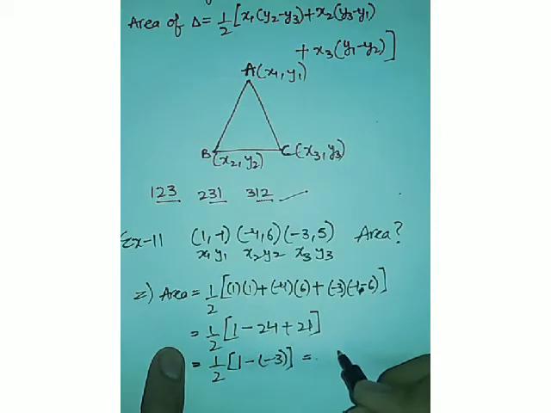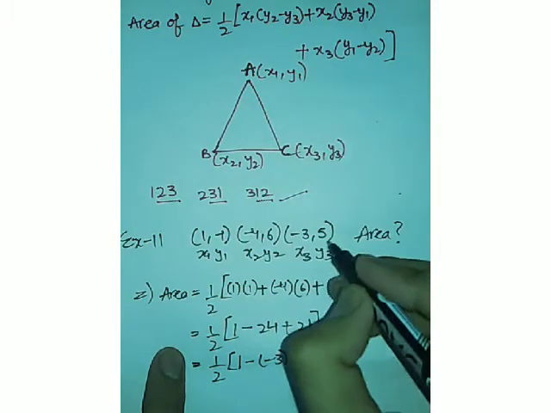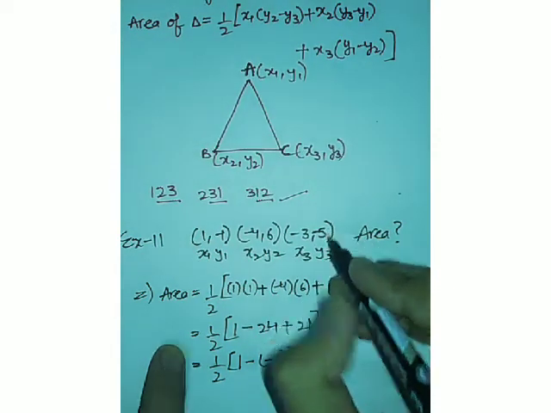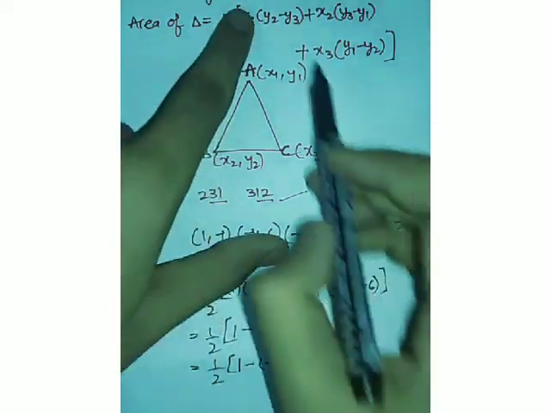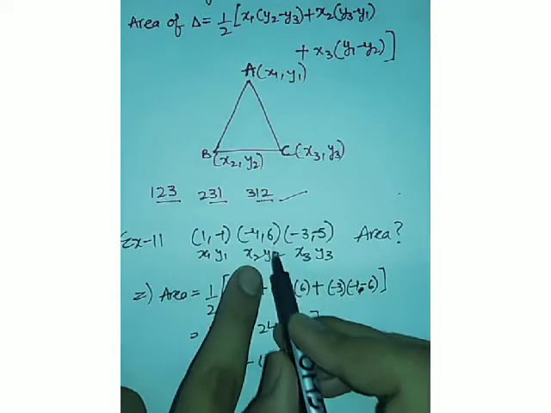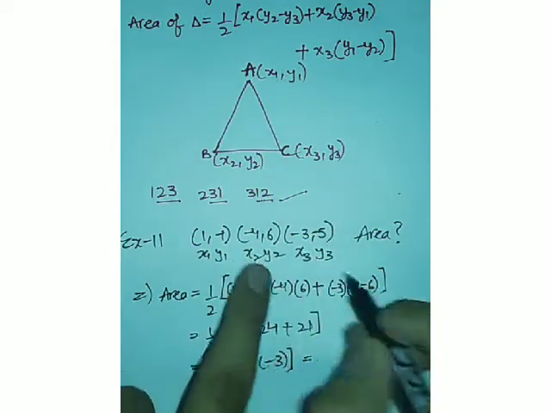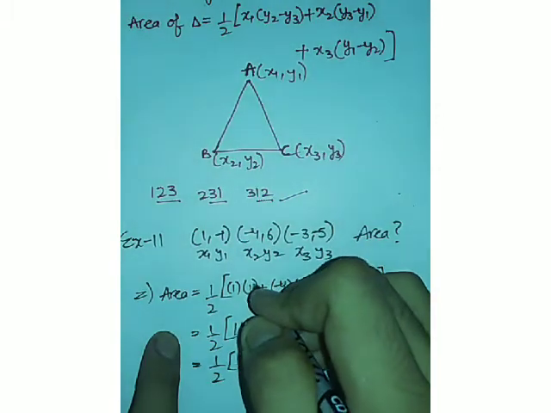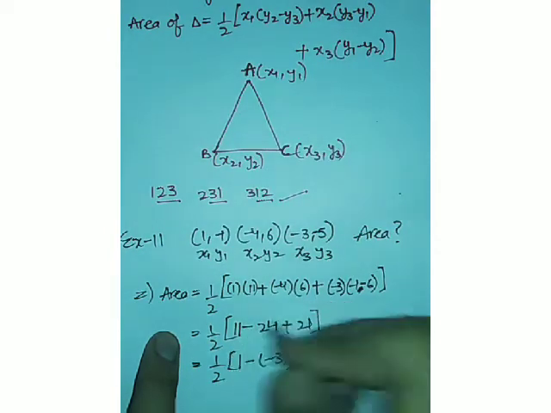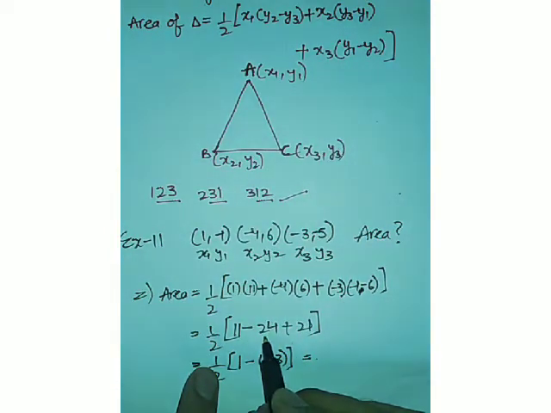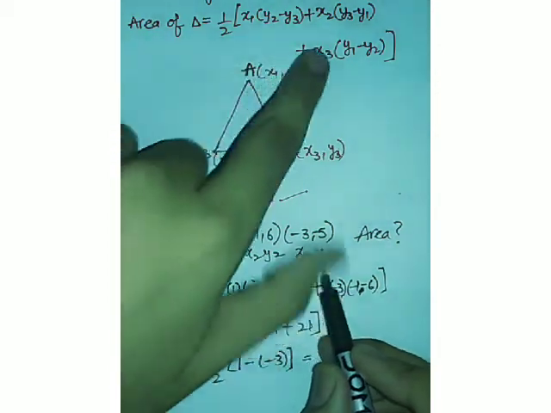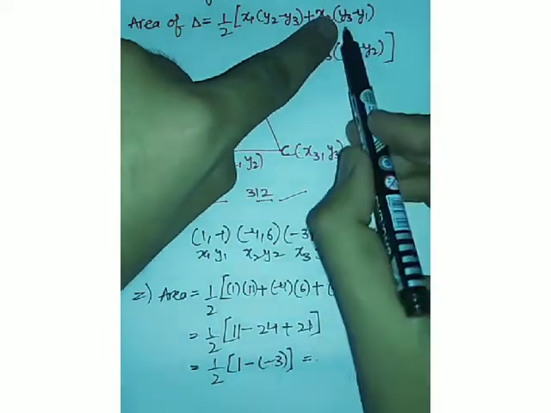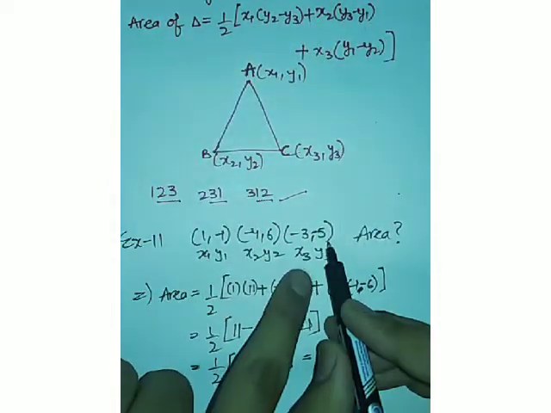Alright, actually I have pointed out a mistake in the statement. There was minus 5. So when we did y2 minus y3, that is 6 minus minus 5, it will be 6 plus 5, that will be 11. So there will be 11. 21 minus 24 minus 3, 11 minus minus 3, and also we have used y3 at one moment as well, that is y3 minus y1.